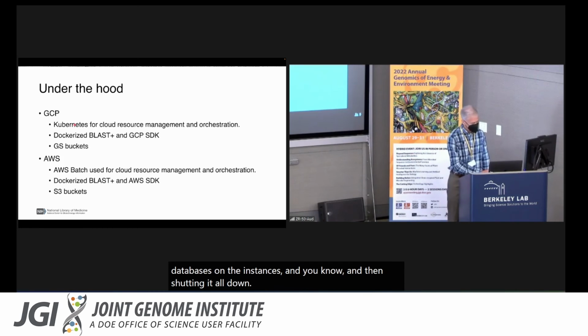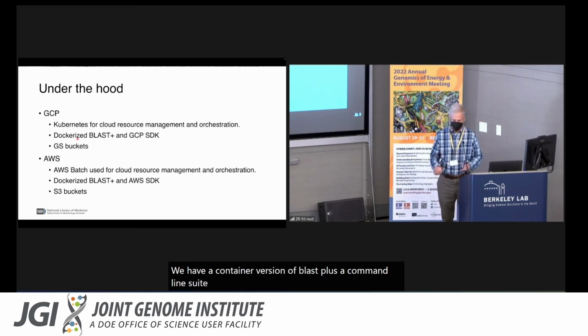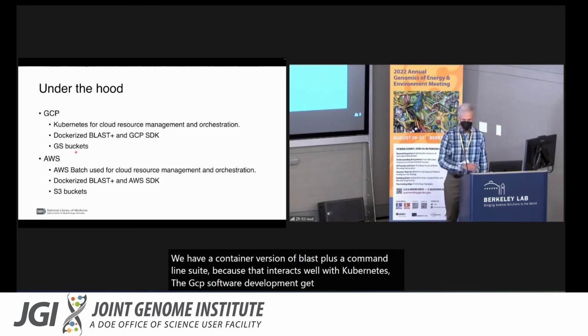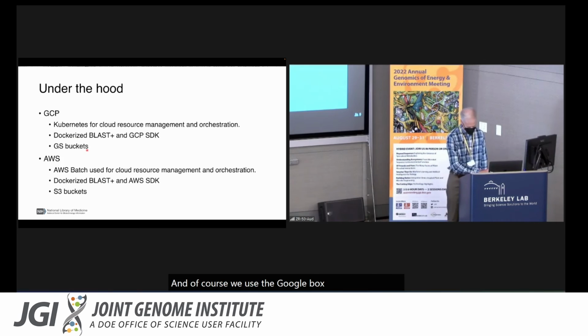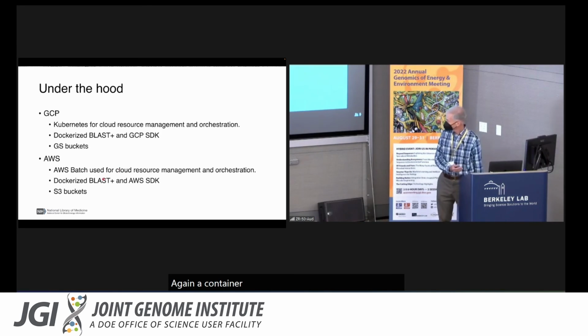We have a containerized version of Blast Plus, a command line suite, because that interacts well with Kubernetes, the GCP software development kit, and of course we use the Google buckets. AWS is similar. We have AWS Batch, and that does the same job as Kubernetes. Again, a containerized version of Blast Plus, and of course this time S3 buckets.